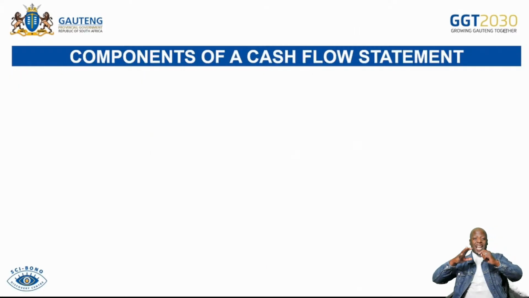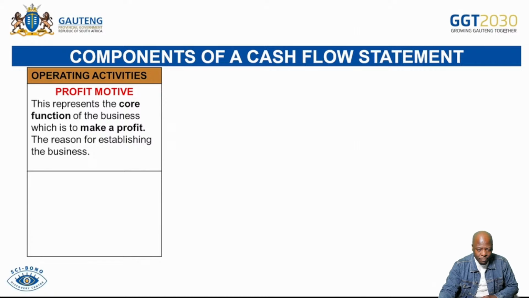Now, I'm going to break down the cash flow statement into three components. So if you are to visualize the cash flow statement, you must think of these three elements that I'm going to give to you now. So the cash flow statement is broken down into three specific elements, namely your operating activities.